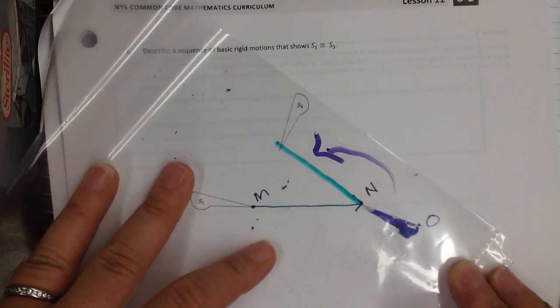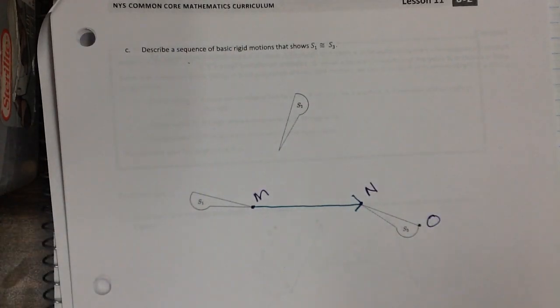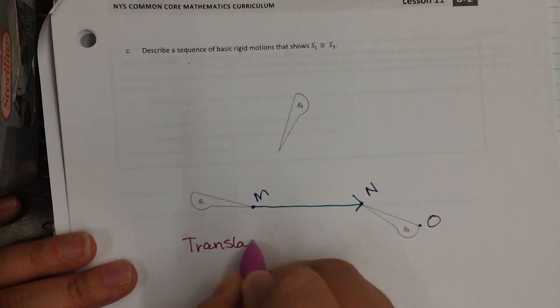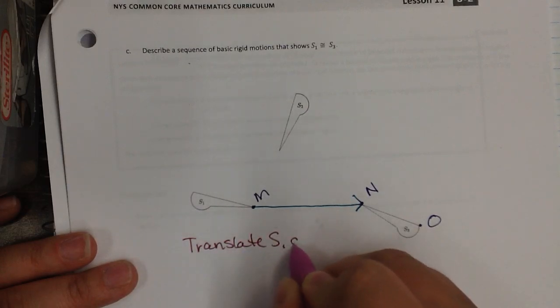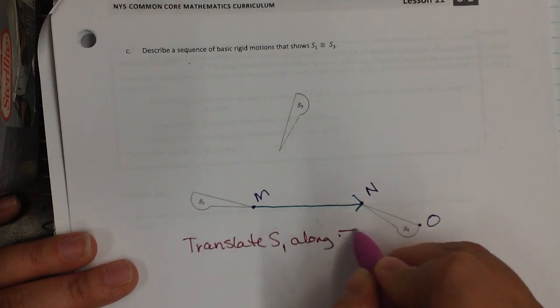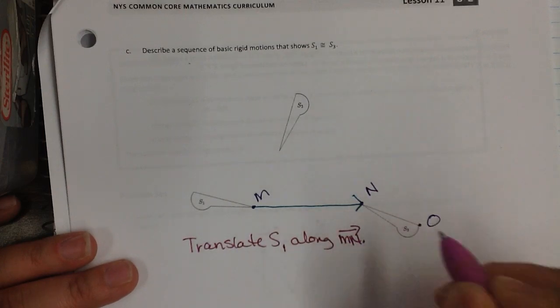Okay. So, this is what it would say. Translate S1 along vector MN.